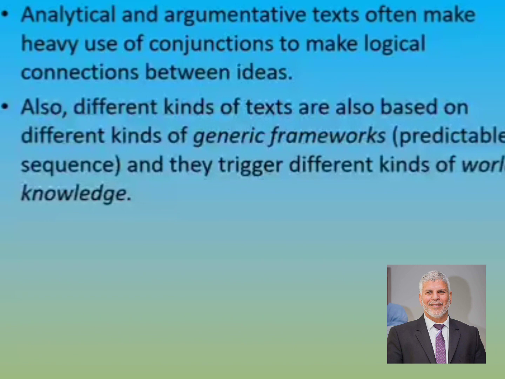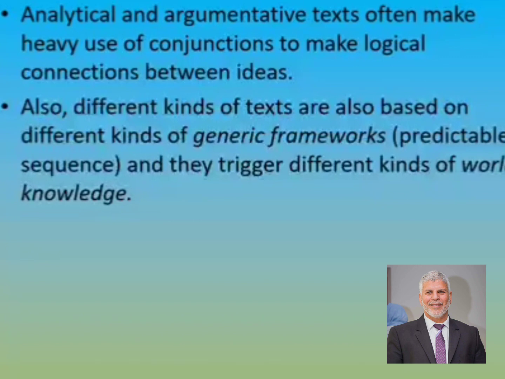And as we have mentioned in the lecture related to the theoretical part, these two things are related to coherence. So we have talked about cohesion and the differences between texts in terms of cohesion. Now we will talk about the differences in terms of coherence.